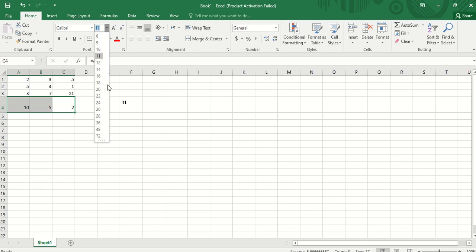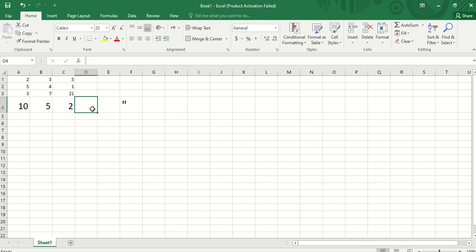Now I have to add these two numbers, and then multiply the answer with this number. What is the cell number of this? A4.